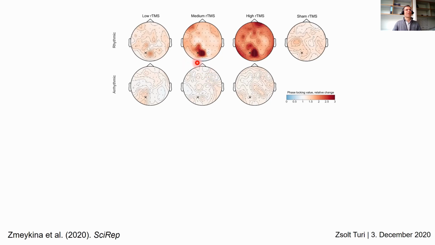Here you see the normalized PLV values in the alpha frequency range. This X mark represents the location where we placed the coil. And here you see the topographical depiction of the PLV changes after the stimulation, during the stimulation.